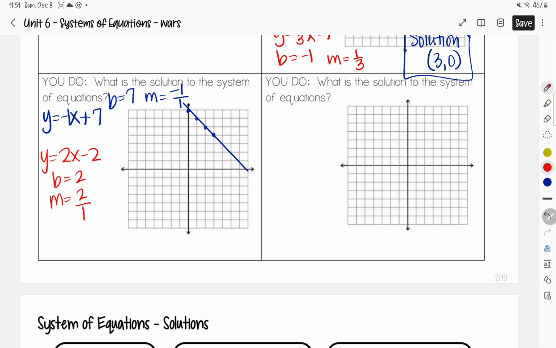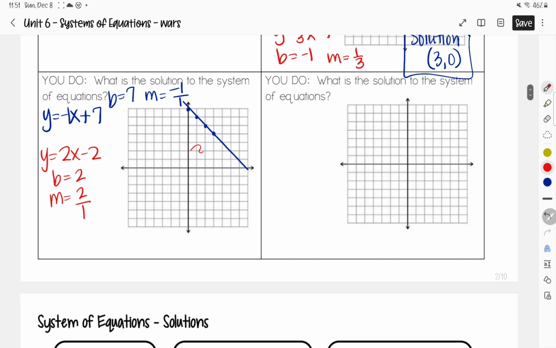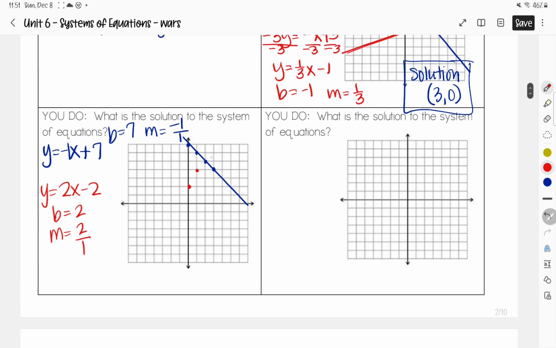And my second line, I start at 2, go up 2 over 1. Is that right? Up 2. Oh, sorry, I see what I did. My y-intercept is a -2, not a +2.